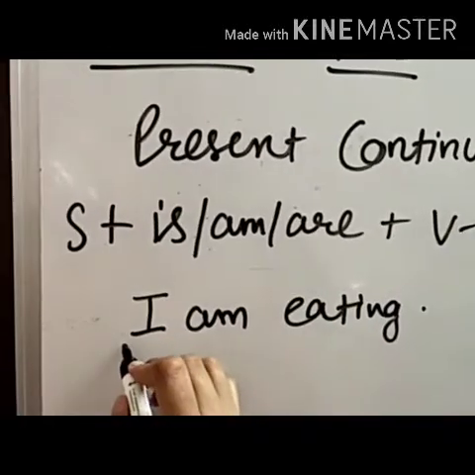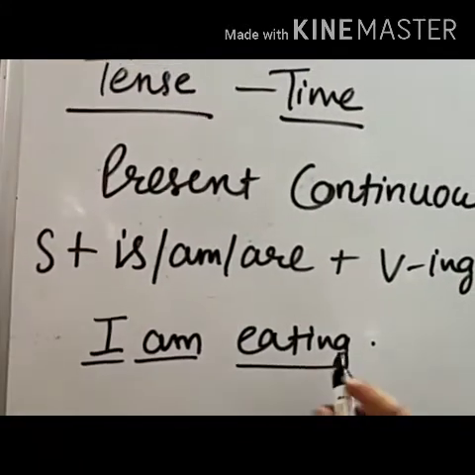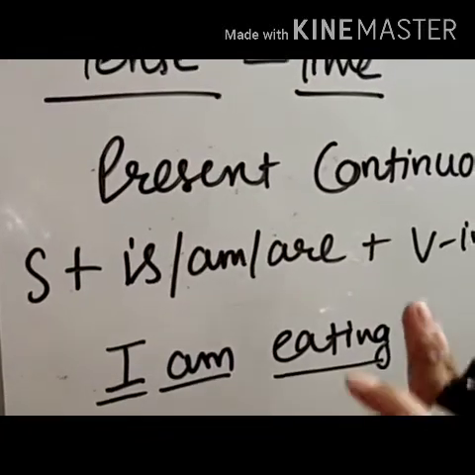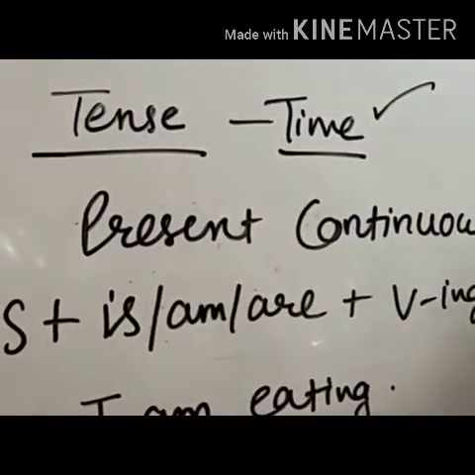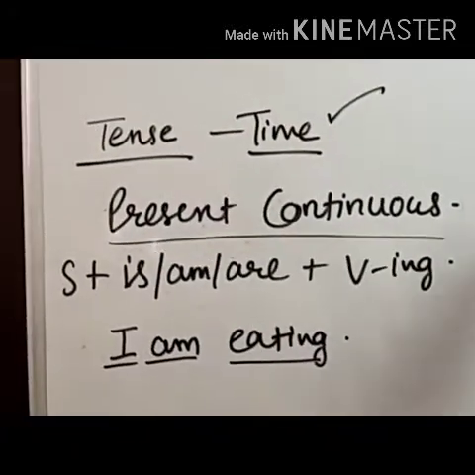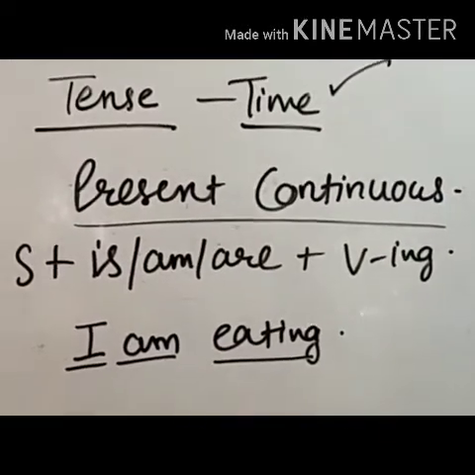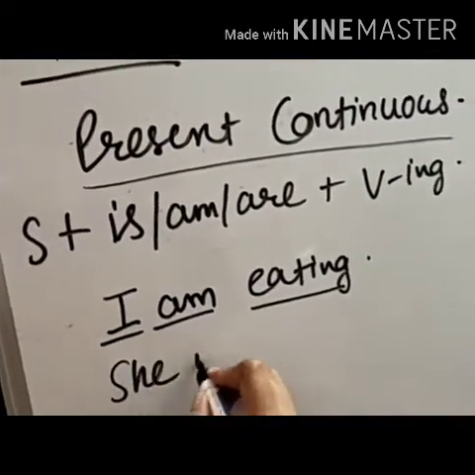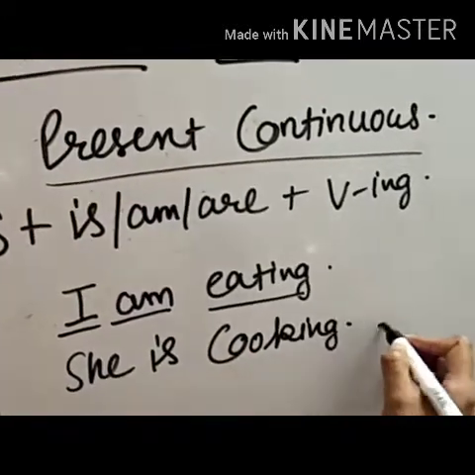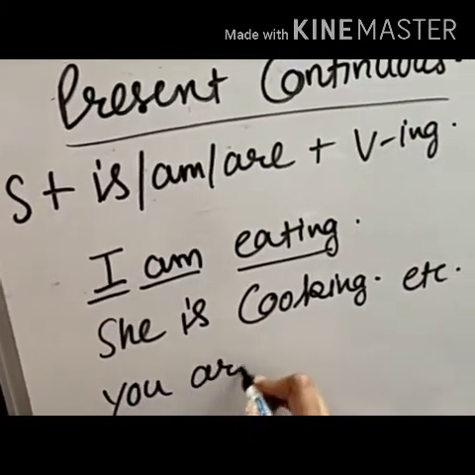In this, am will be used with I, and we have to use the verb according to that tense, that this work is going on. Present continuous means when the work is going on. When the work is going on, then we use present continuous. So she is cooking, etc. So many sentences can come. You are working.